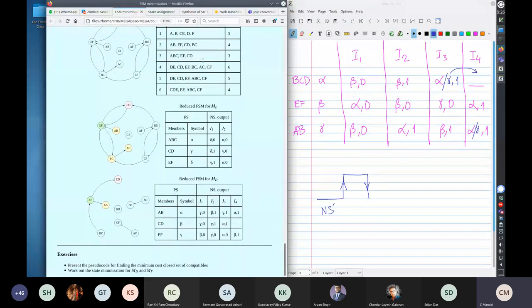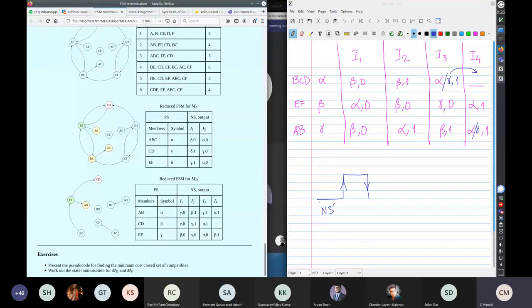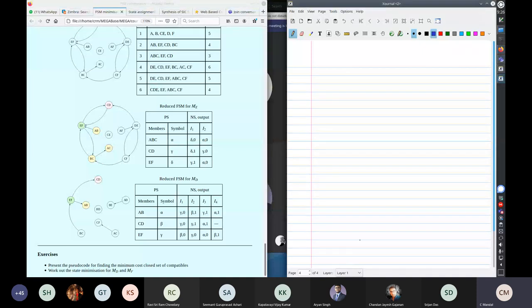Let us take up any one of these. This is a symbolic table. Let us take up ME, which is slightly simpler.